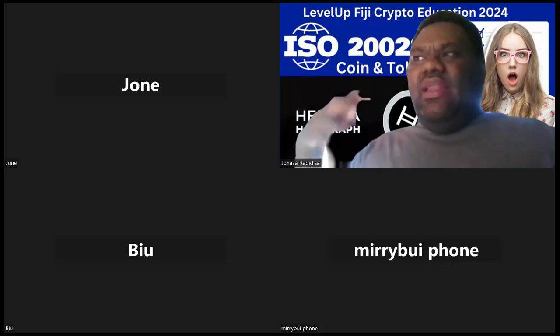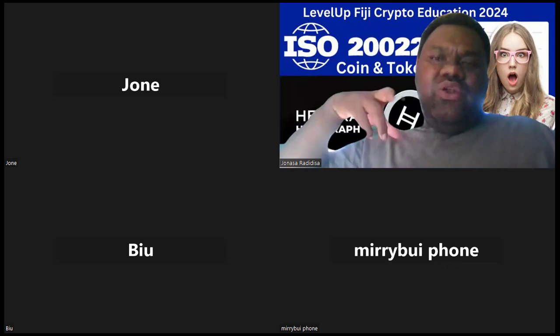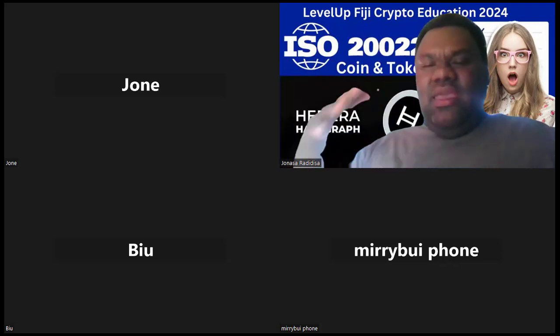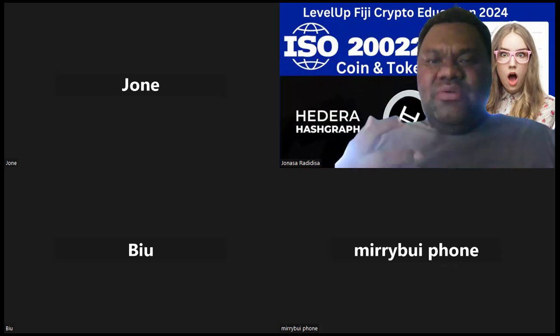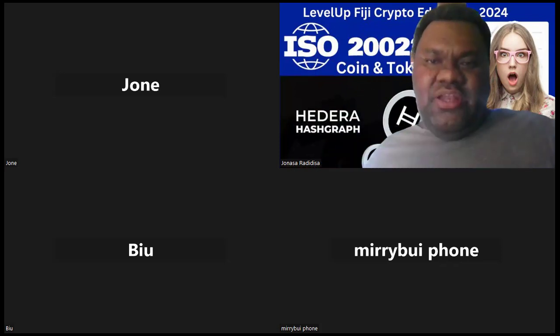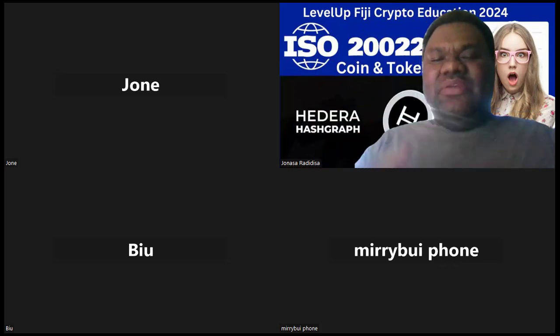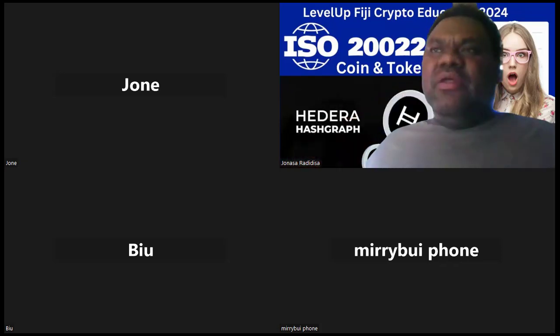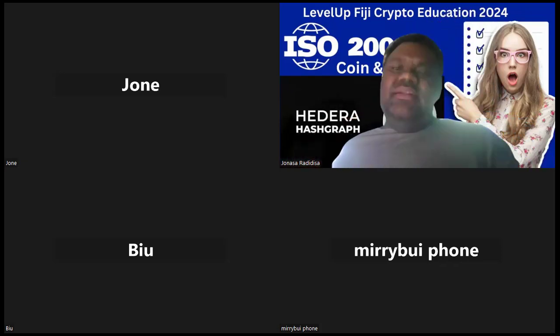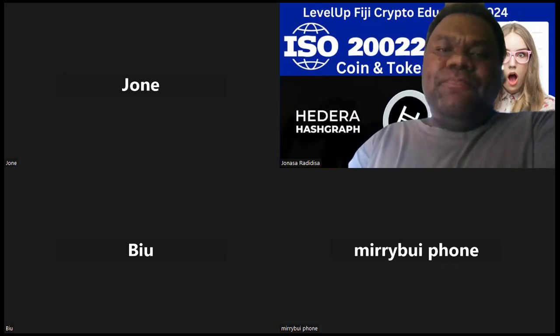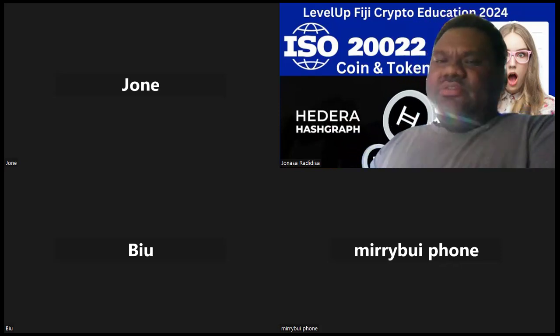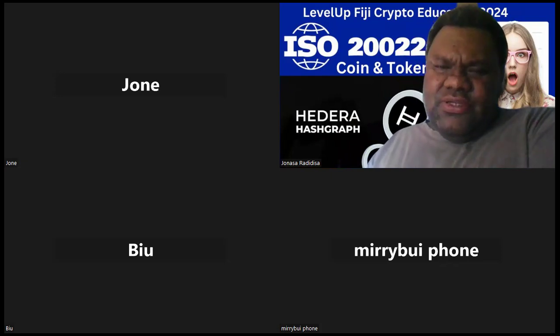If they violate the rules for the nodes, they get banned, and all the HBAR they produce is going to get burned. That's what slashing means. So those are some of the rules of Hedera.